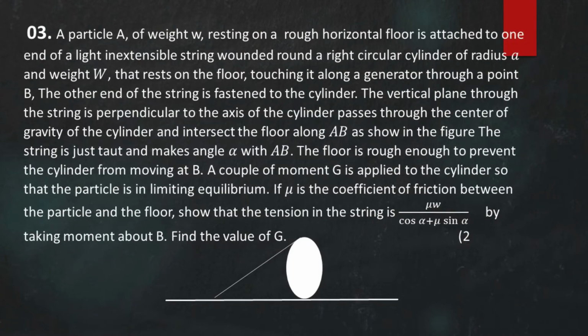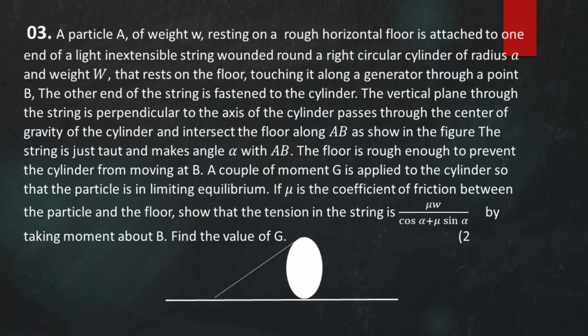Okay, children, this is my next example. A particle A of weight W resting on the rough horizontal floor is attached to one end of the light inextensible string wound around a right circular cylinder of radius a and weight W that rests on the floor, touching it along a generator through the point B. The other end of the string is fastened to the cylinder.